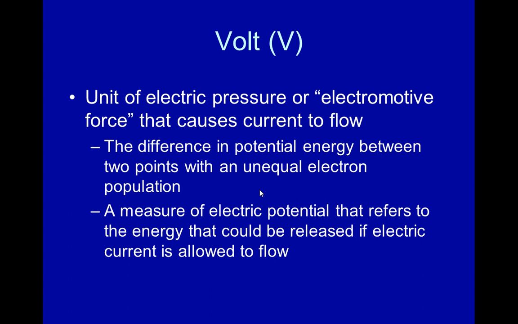A similar way to think about this is if you hold a 10-pound weight in the air above, say, a light bulb, there's this built-up tension created by the mass and the acceleration of gravity, so you have this force. Well, the same concept is true for voltage when you have a bunch of electrons waiting to fall or to go to the other side of the battery. So a volt is therefore a measure of electric potential that refers to the energy that could be released if electric current is allowed to flow.